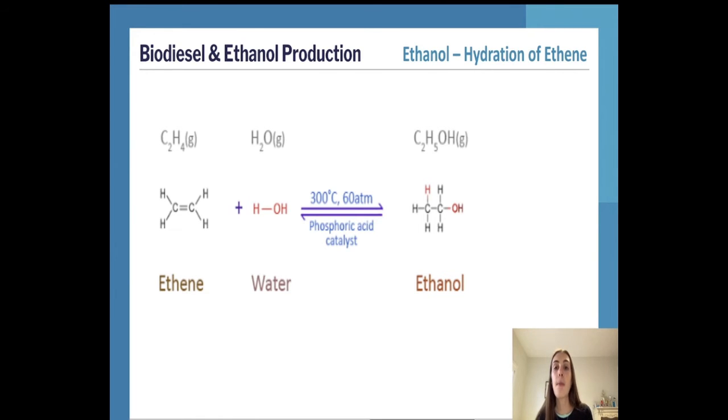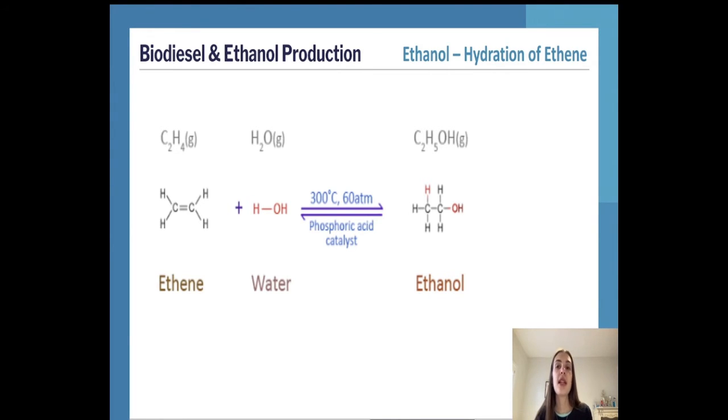We're using a phosphoric acid catalyst, which is coated onto a solid silicon dioxide support. If you use too much steam, it dilutes the catalyst and it can even wash it off. It basically makes the catalyst useless, and so does not increase the rate or the yield of the reaction at all.